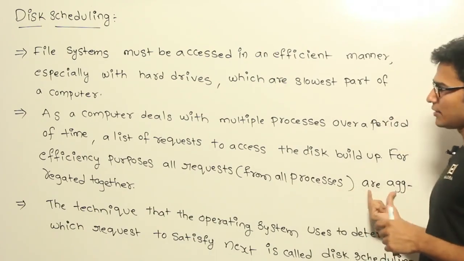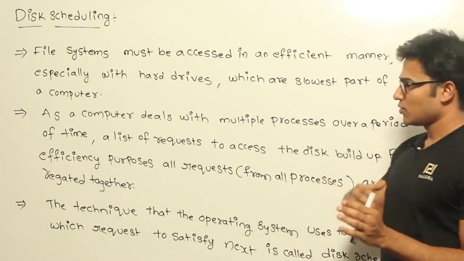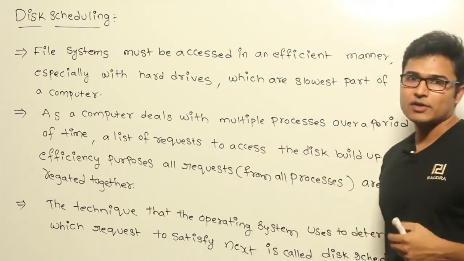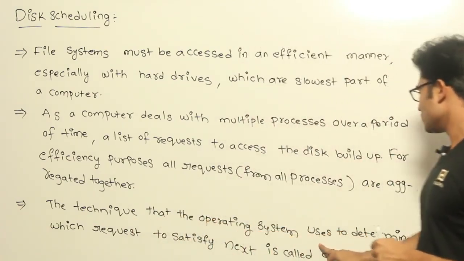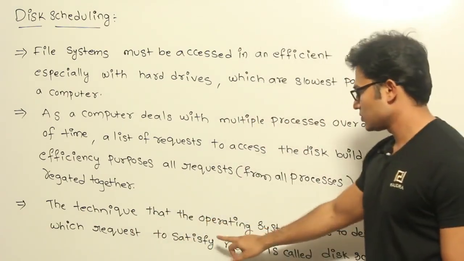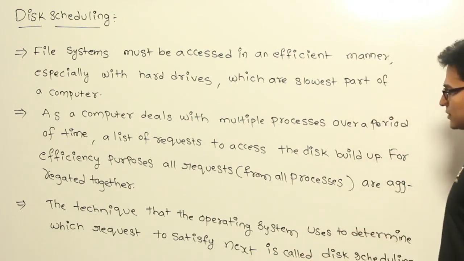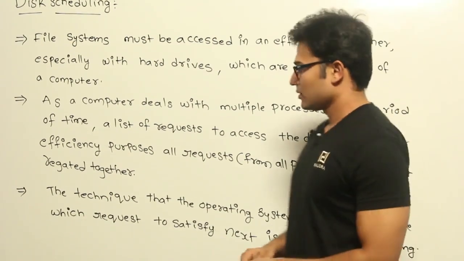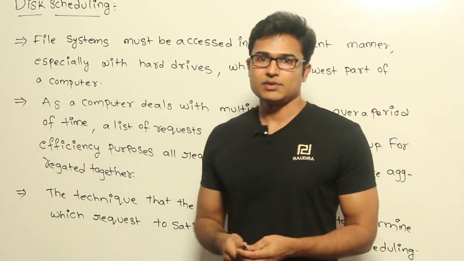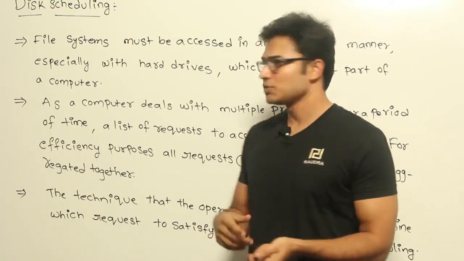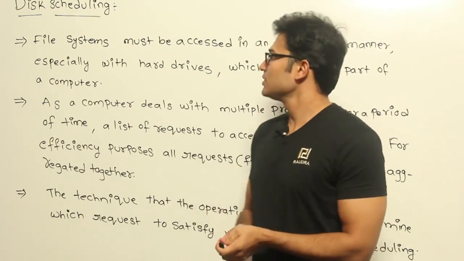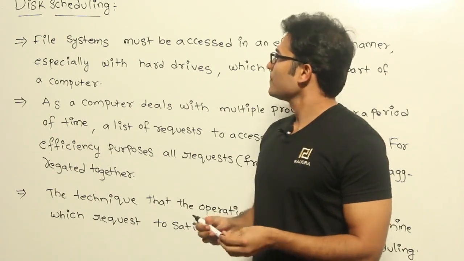The technique that the operating system uses to determine which request to satisfy next is called disk scheduling. So the technique is nothing but the algorithm which we are going to use. There are various techniques which the operating system can use to provide service to the next process. We shall see each one by one. Okay, fine.